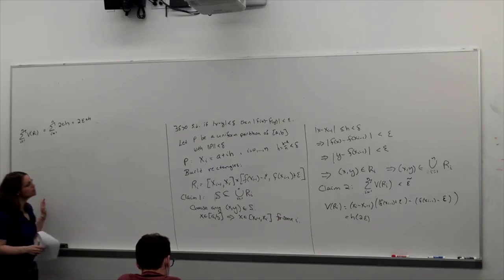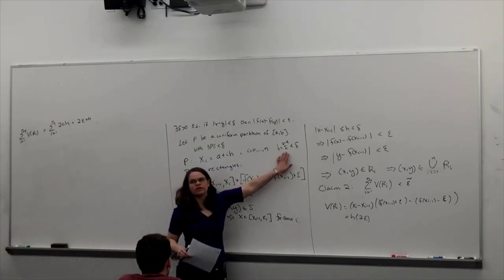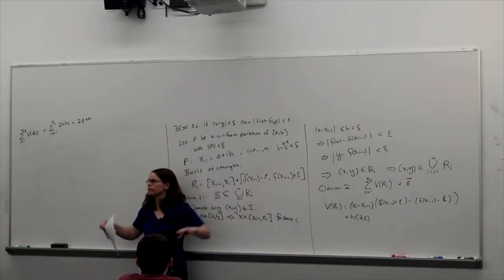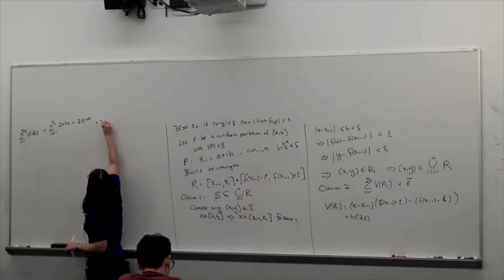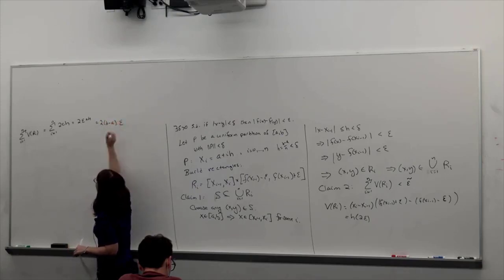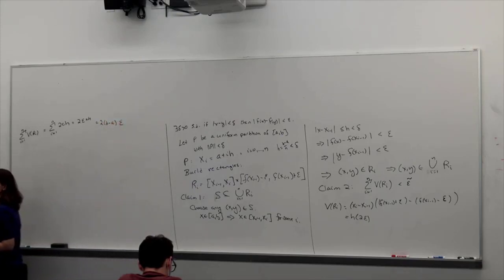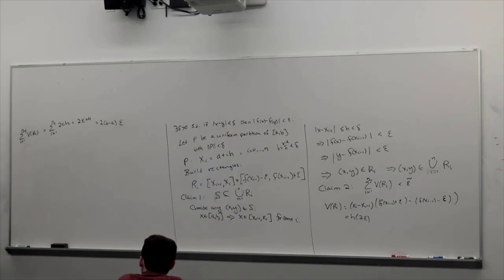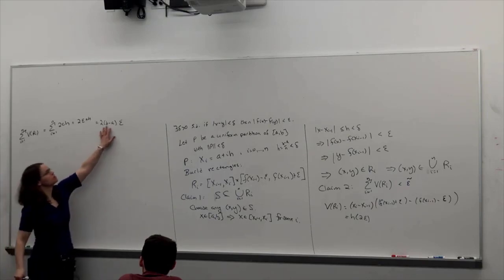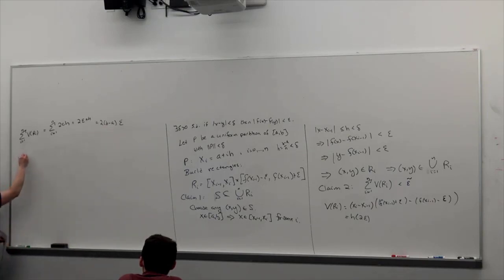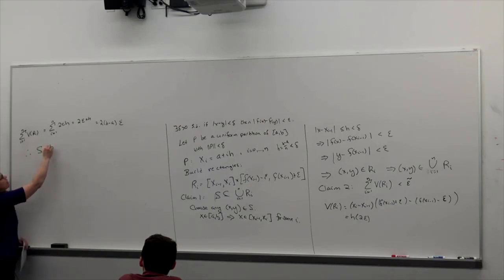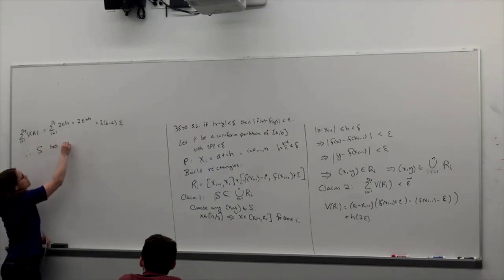Okay, and we know what n times h is. It's just the total width of our domain. So this is 2 times b minus a times epsilon. And that's good enough, right? We can make this as small as we want by taking epsilon smaller and smaller, right? Everything out in front is just a constant. None of this depends on how we've done our partition. So we can say, great, actually our set has 0 content, as we hoped.